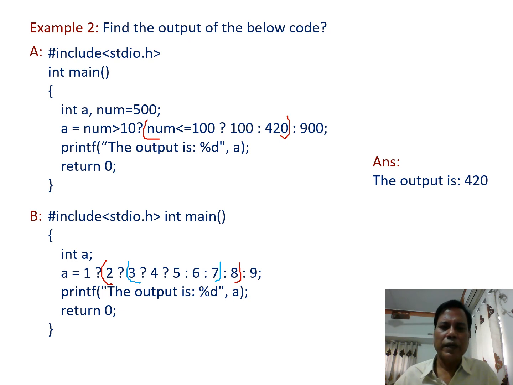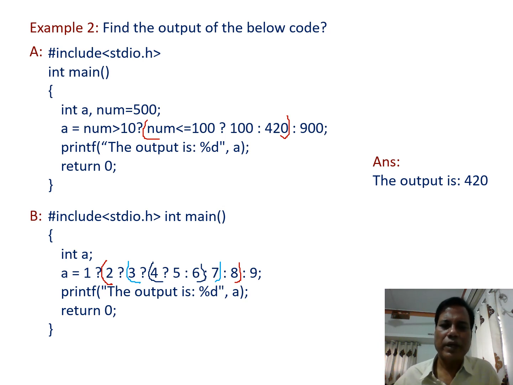Then again here we have condition 3, and again this condition is always true. Naturally we have to use the associative property again. Using the associative property, we associate the true part, 4 what 5, colon 6, and the false part is 7.